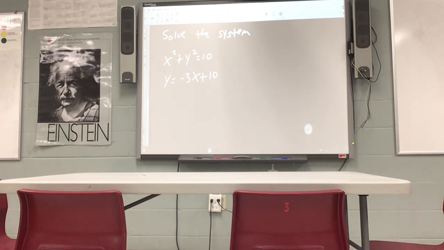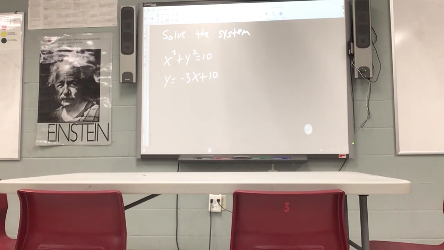What gave that away was the plus sign. If it had a minus sign, it would have to be a hyperbola. But it's got a plus sign, so it's either a circle or an ellipse. And an ellipse, we said, equals 1. So we would probably be leaning towards a circle.